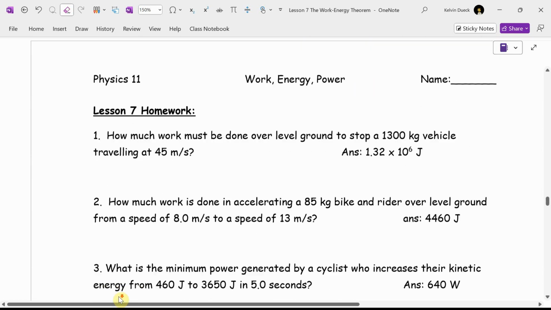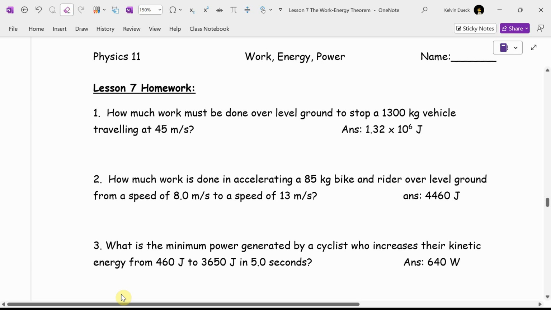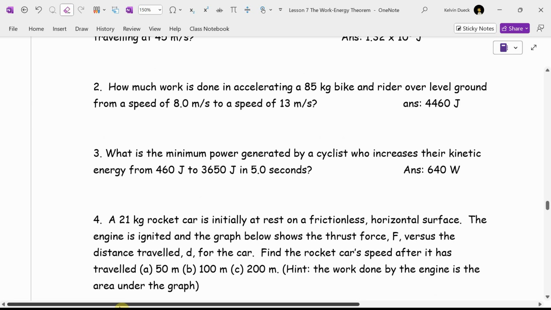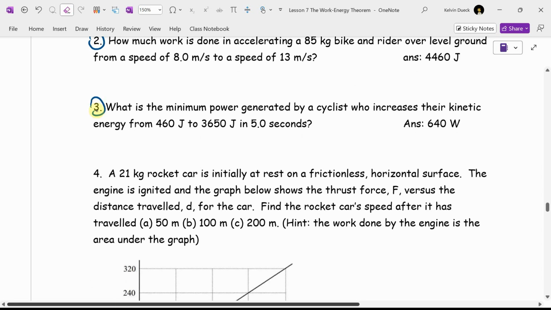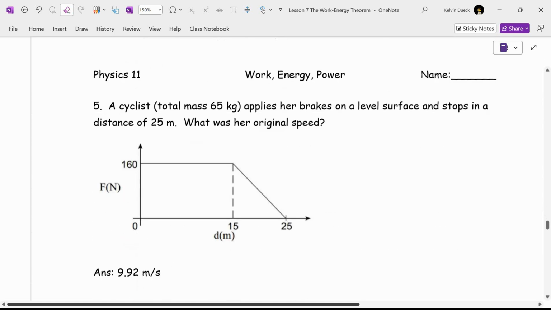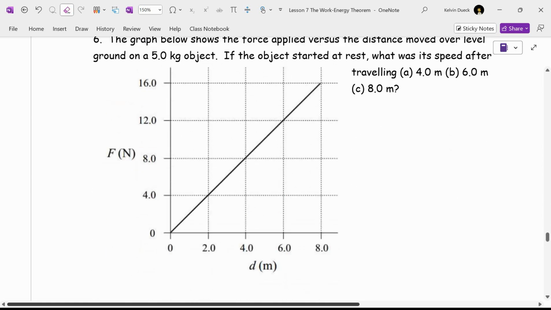I'm going to skip that one. So, questions that I think you want to practice for the quiz: 1 is good, 2 is good, 3 is good. You can skip 4, 5, 6, 7, 8, 9, and 10. I'm skipping the graphy questions.